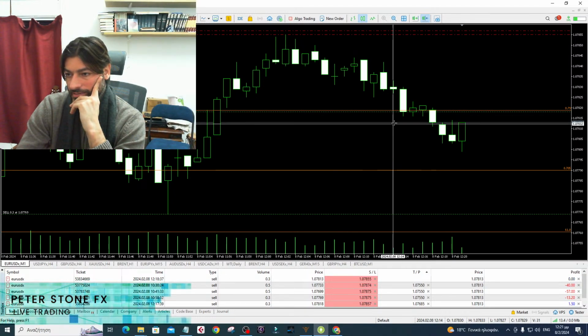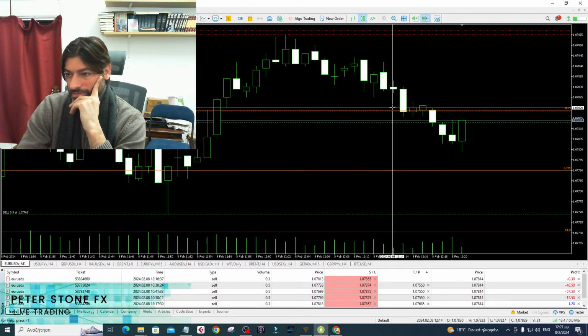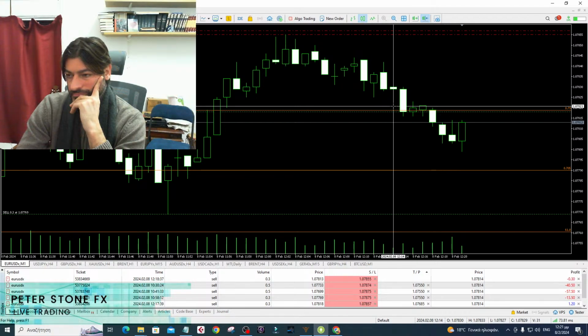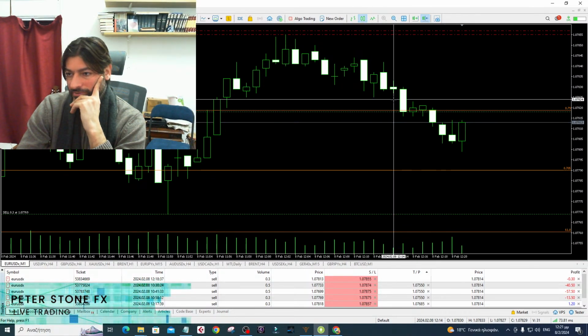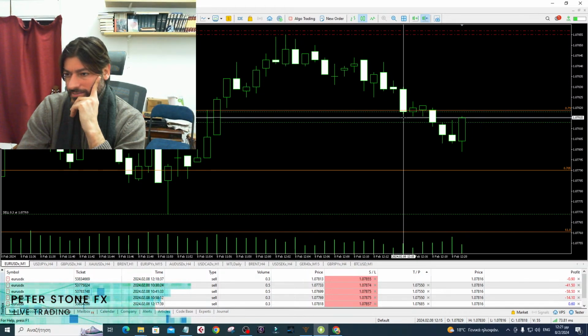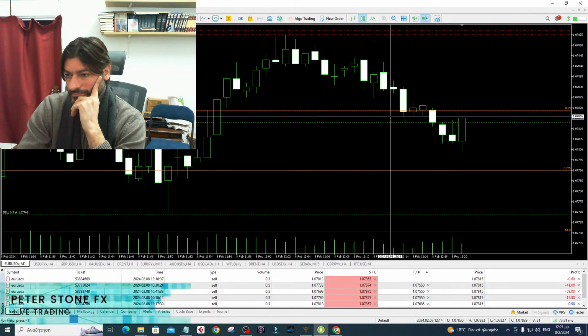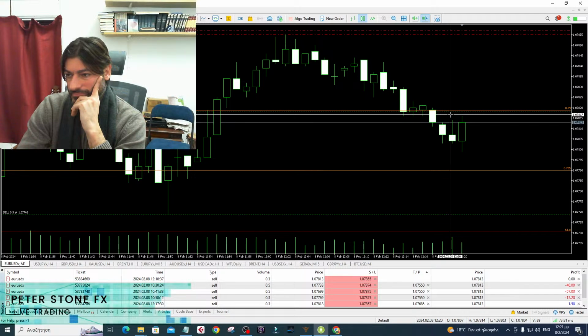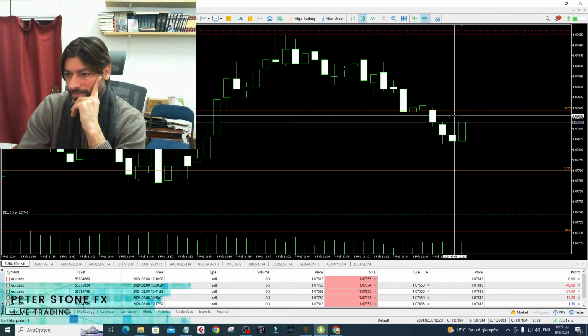I don't like this candle. Let's see if it passes this level. We also have this fair value gap here. It touched it. Exactly the point.